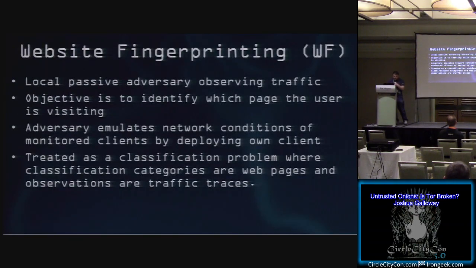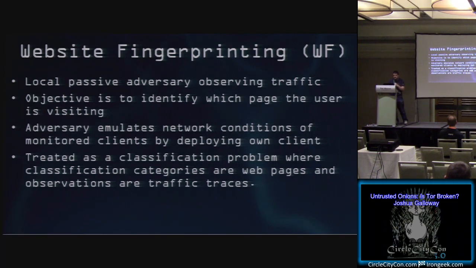Okay. Probably what I should have explained at the beginning: a website fingerprinting attack, for any given page, basically works like this.